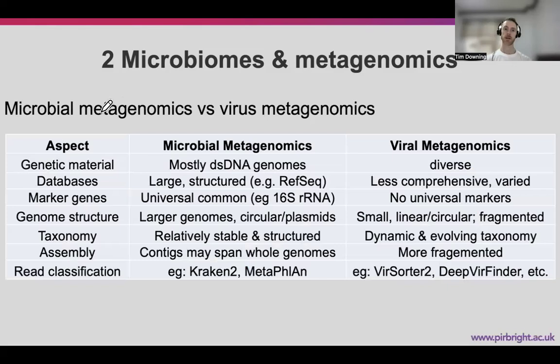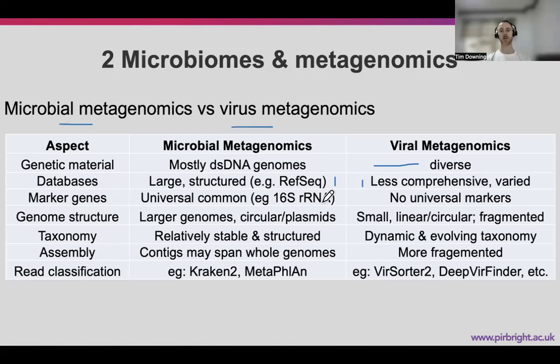One key note is that bacterial metagenomics and virus metagenomics are quite different. Although there is a lot of diversity in bacterial genomes, they are much less diverse than viral genomes. The databases associated with bacterial genomes are more structured and more clear, whereas for virus genomes, it's much more diverse in terms of the areas in which they're kept and the sources from which they are derived.